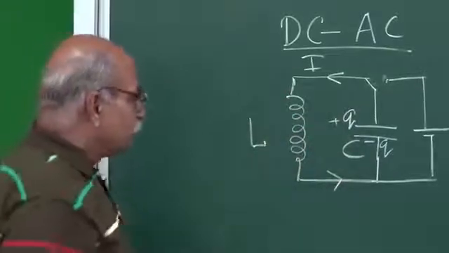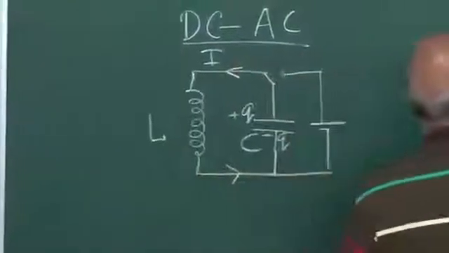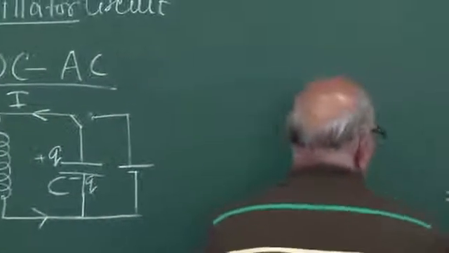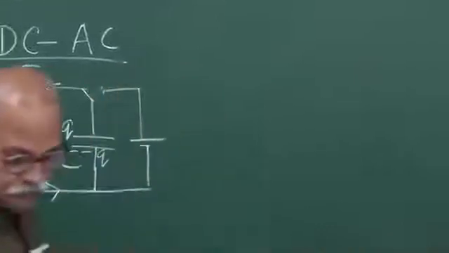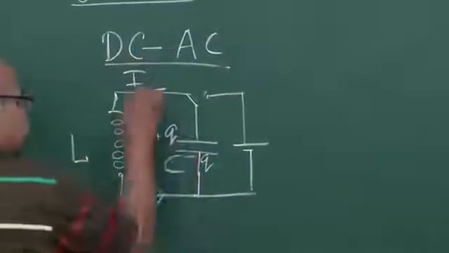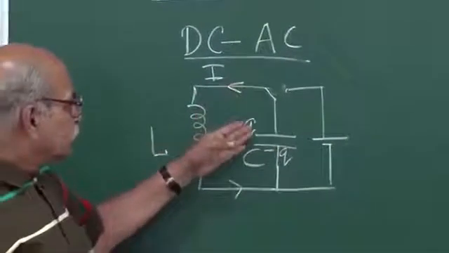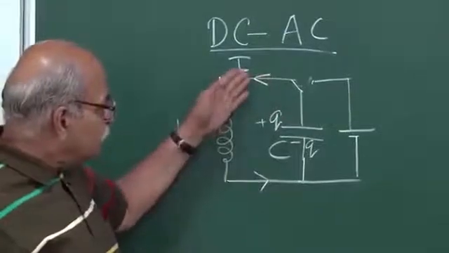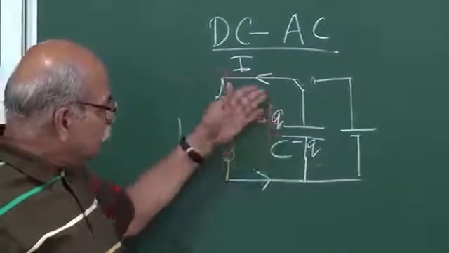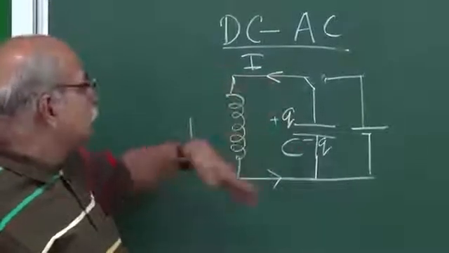If you go by equations, since the current is here, and as the charge gets transferred between these two plates, this Q is decreasing, and the rate of decrease of Q is also changing.